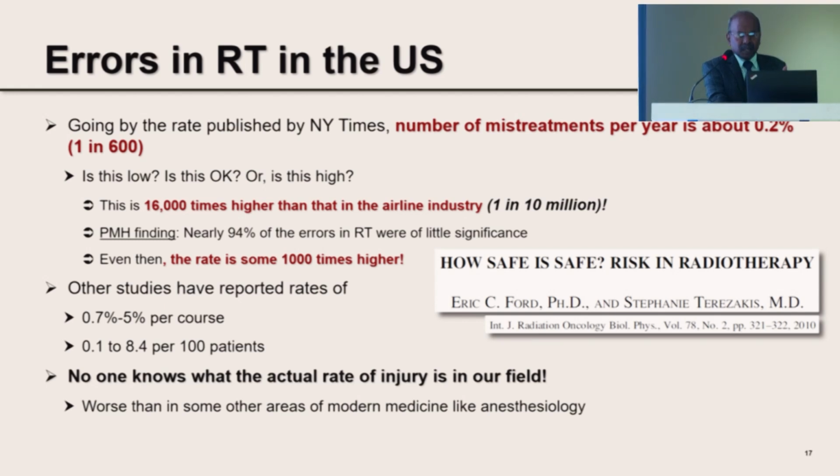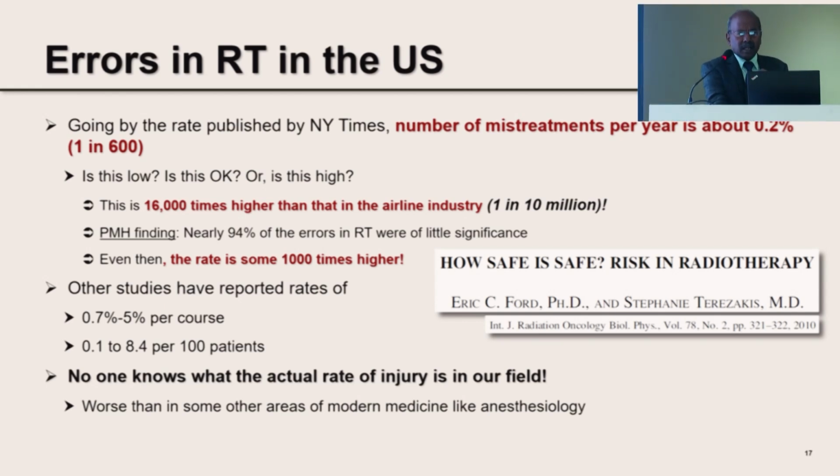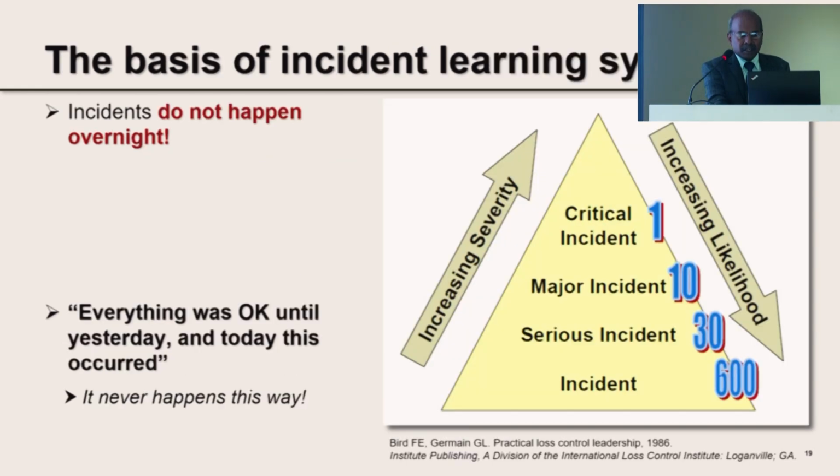Other studies have quoted several different rates, but no one knows exactly what the actual rate is. However, one thing we are definitely sure about is that the error rate in radiation therapy is worse than in other areas like modern medicine and anesthesiology.